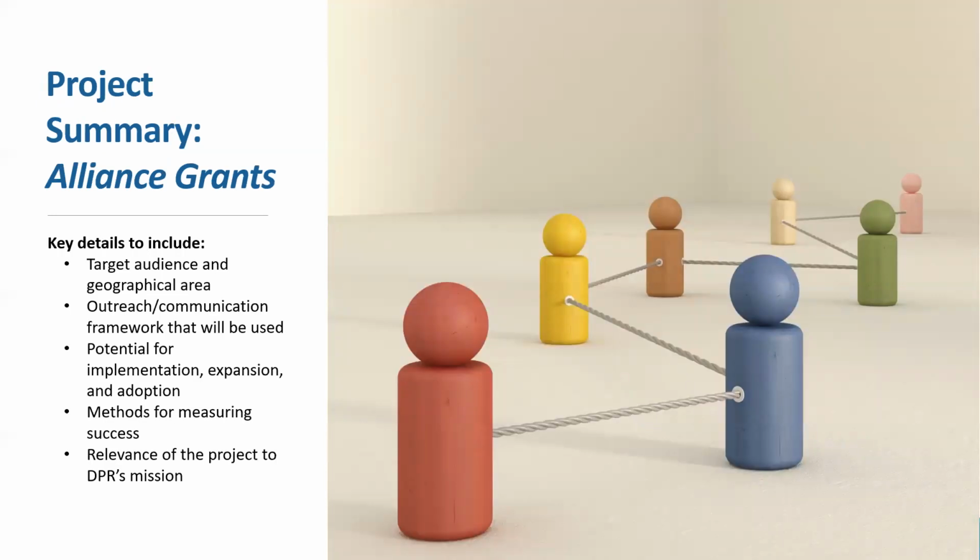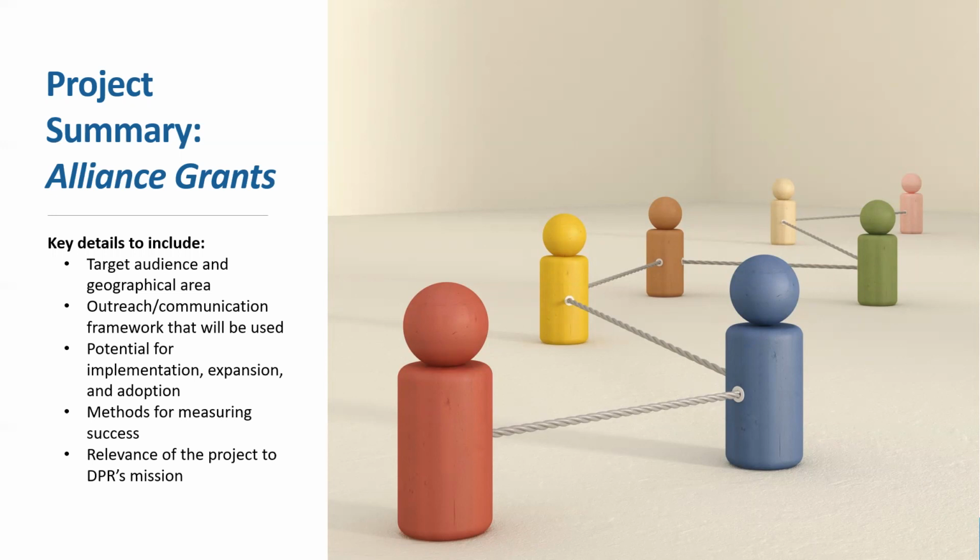Now for the Alliance grants. Alliance grants are focused on promoting adoption, expansion, and implementation of integrated pest management. So the details should include the target audience and geographical area. This is essential because adoption, expansion, and implementation efforts, things like outreach and training efforts, can often be very regional in nature.